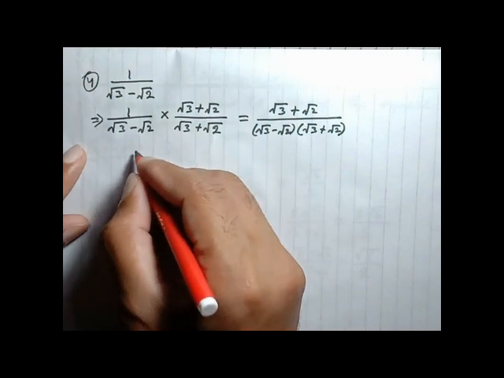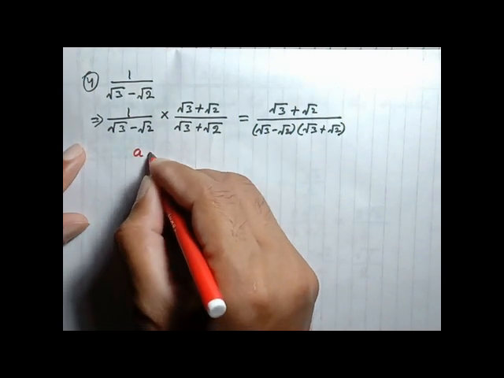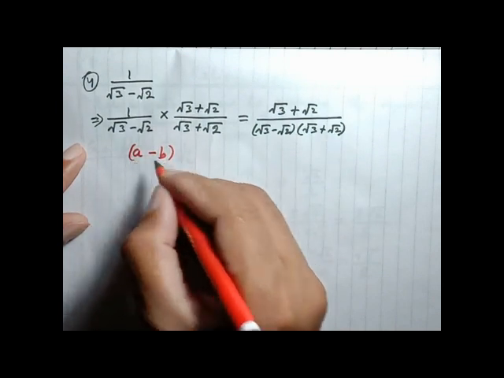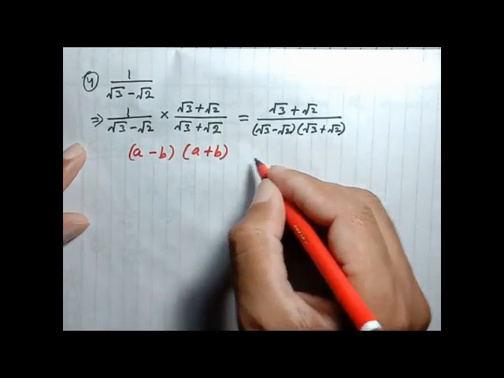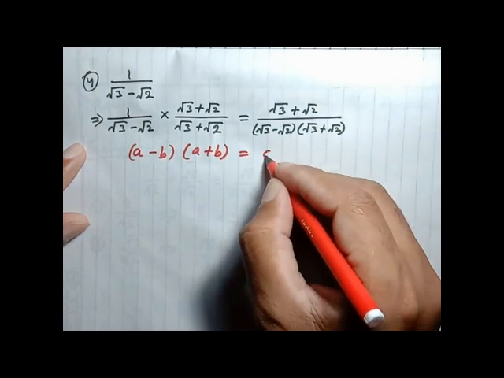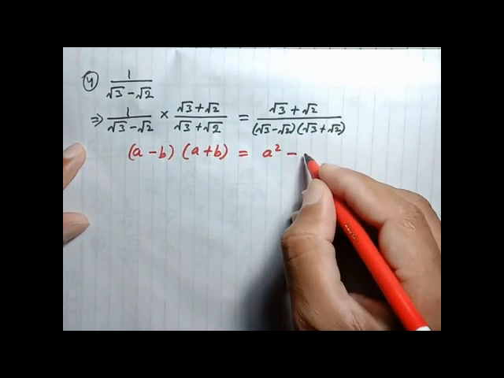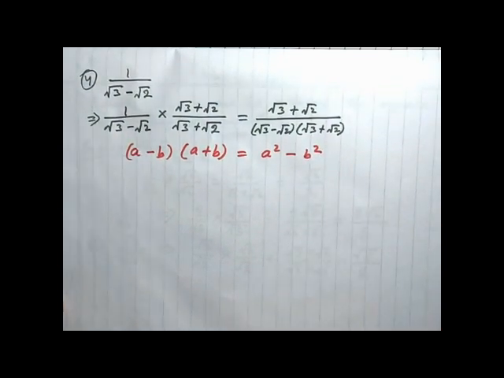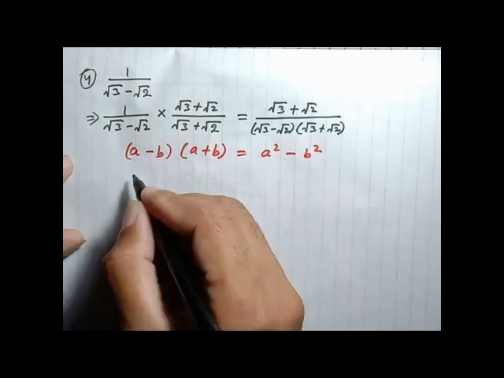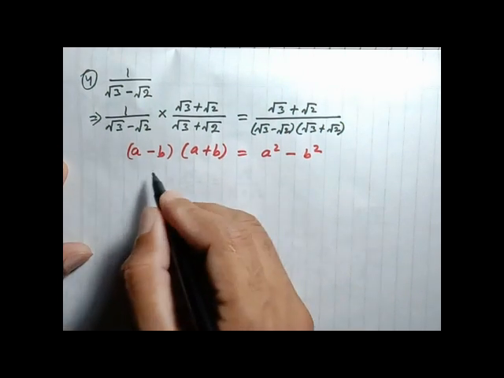So now here we will use the identity, and what will be our identity? That is a minus b into a plus b equal to a square minus b square. So this is the identity that we will apply in the denominator. So what will we get?